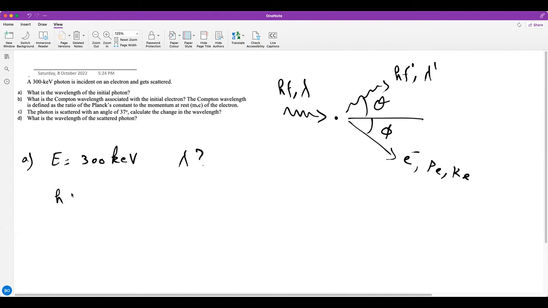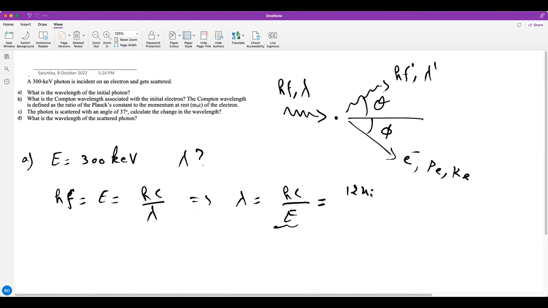We know that hf, which is the energy, is equal to hc over lambda, so lambda is equal to hc over E. As I mentioned, we can keep this in electron volts: 1240 electron volt nanometers divided by 300,000 electron volts.